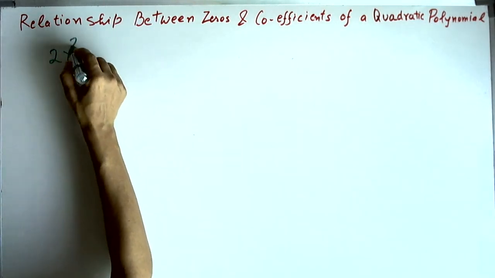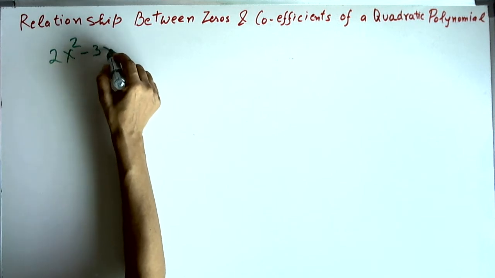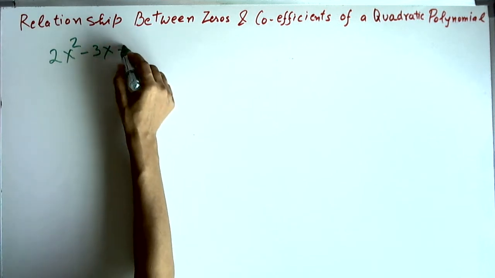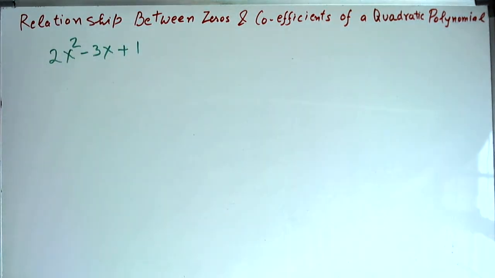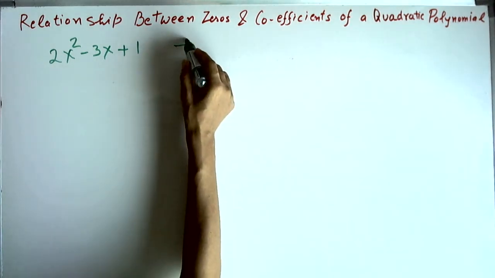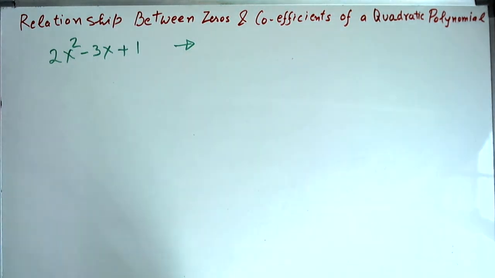2x² - 3x + 1. For this quadratic equation we can see that the coefficient of x² is 2, the coefficient of x is -3, and the constant is 1.